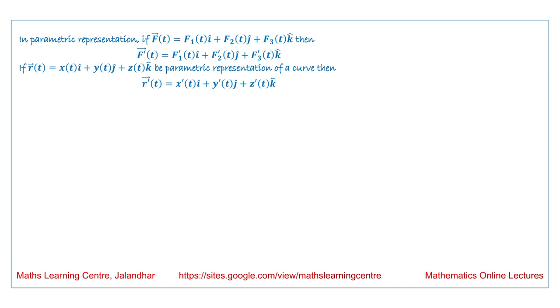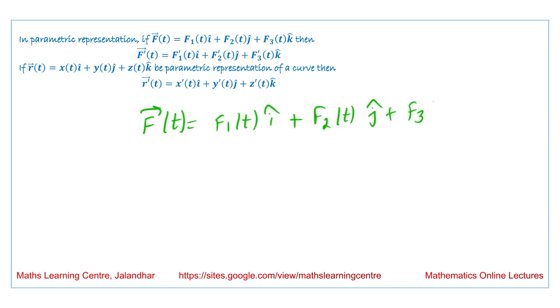And if we are talking about the parametric form, the function is f vector t equal to f1 t i cap plus f2 t j cap plus f3 t k cap. Then the derivative of this function, f dash t, is equal to f1 dash t i cap and so on.